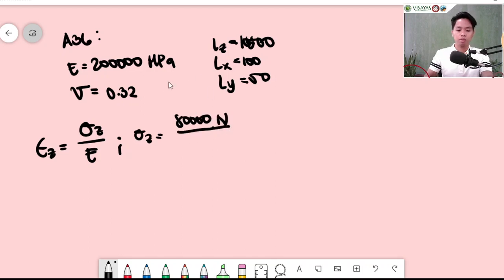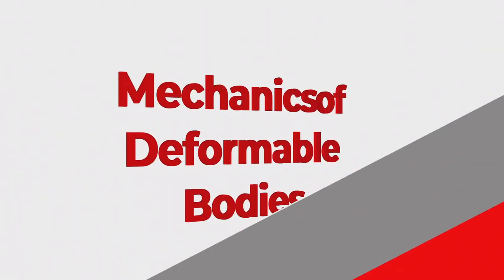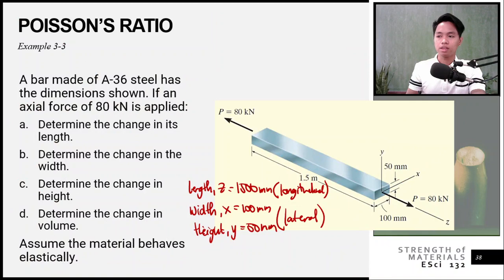Then, the area: in the figure, what is the area that we are going to use? Of course, that would be 100 by 50.